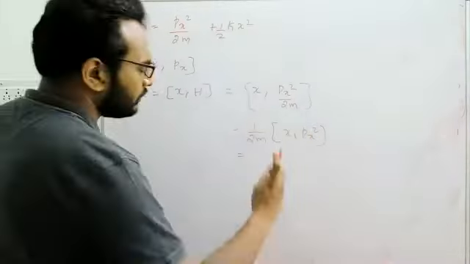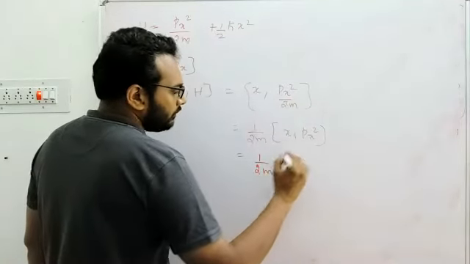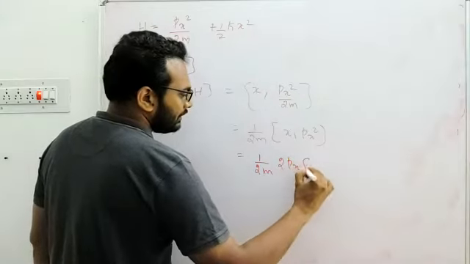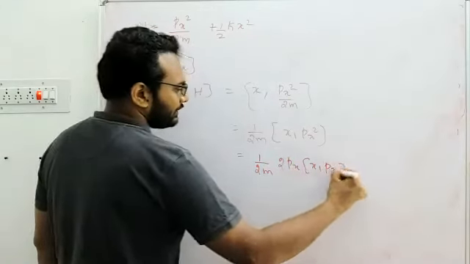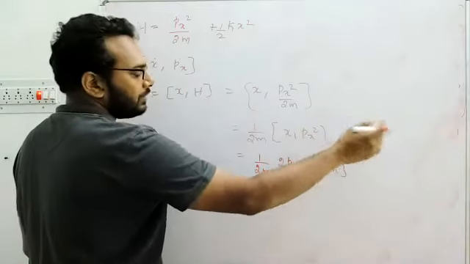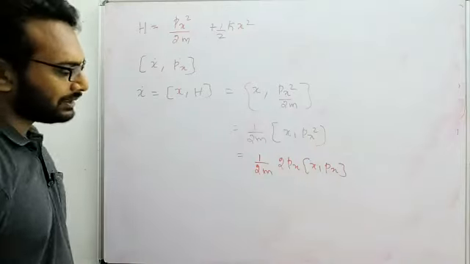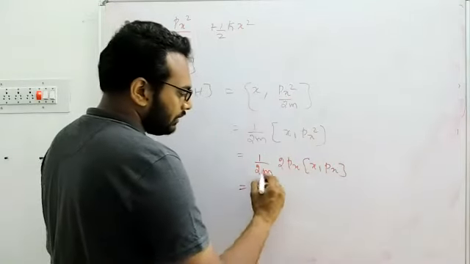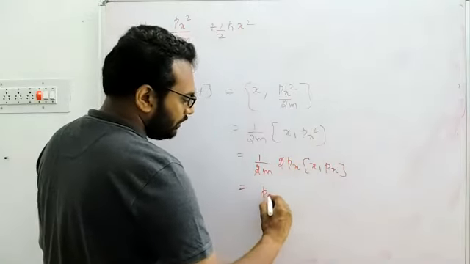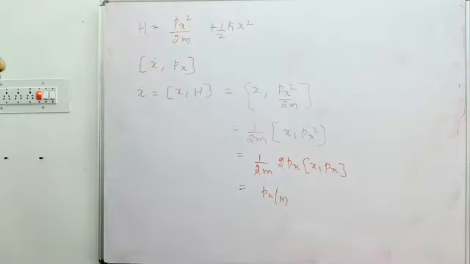We have seen results of this sort. Okay, that's equal to 1 by 2m. We got 2px, x with px. All right, you can do this, okay? x with px into px plus x with px into px. That's 2 px, x with px. Okay, so that's equal to simply px divided by m. Why? Because x with px is 1.